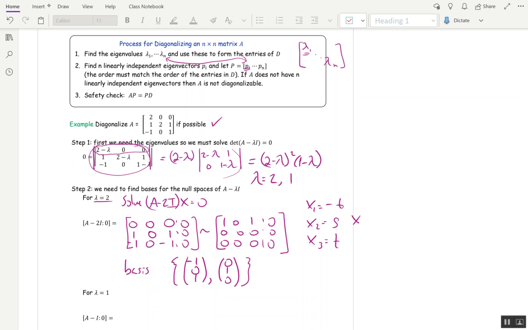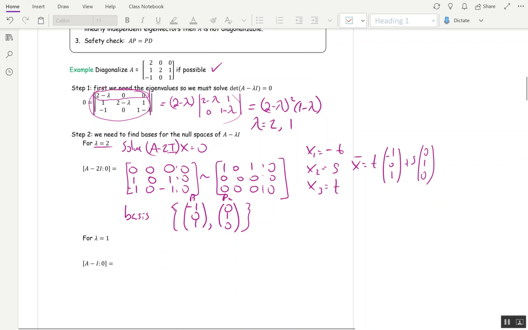And that's because the solutions look like t times negative 1, 0, 1 plus s times 0, 1, 0. Now I'm going to name these. I'm going to call this P1 and I'm going to call this P2. They'll be entries in the matrix P because those are eigenvectors.